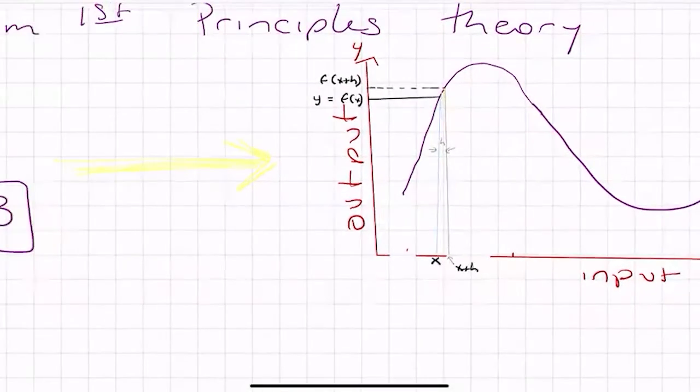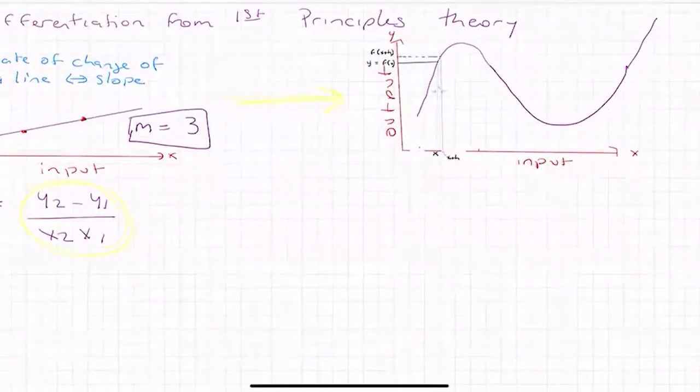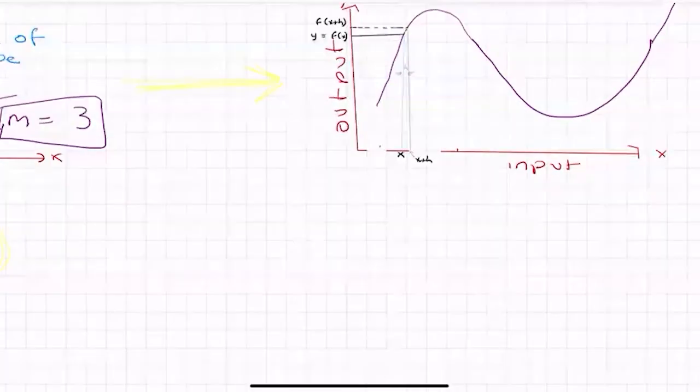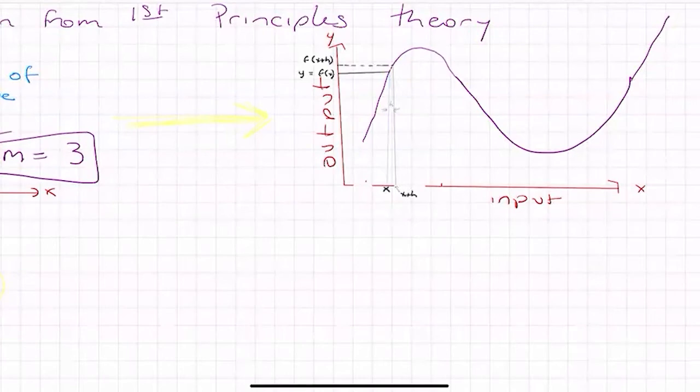Why am I doing it with these generic names of x's and x plus h's and f of x plus h's? Because if you can prove the theory for what's called the general case, and the general case is I am picking any value on that curve x, I'm going a distance of h above it, and I'm getting another generic point called x plus h.